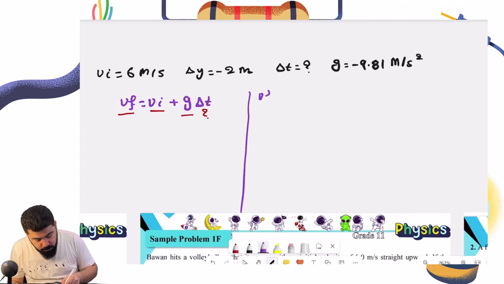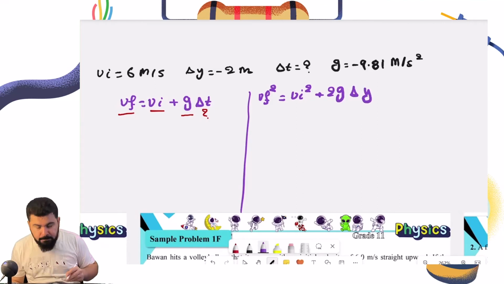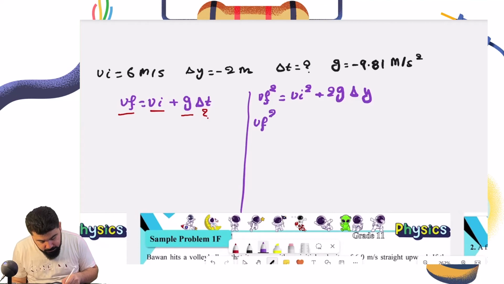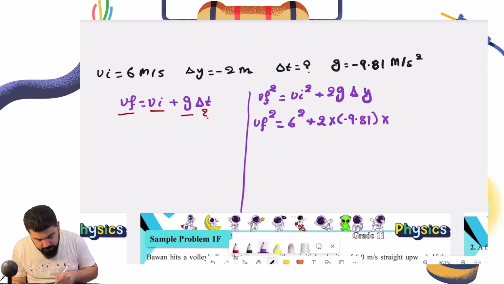So what equation do we use to find V final? We have the other equation. V final squared is equal to V initial squared plus 2g delta y. So V final squared is equal to 6 squared plus 2 times negative 9.81 times negative 2.